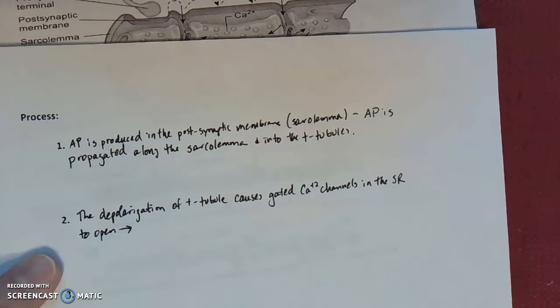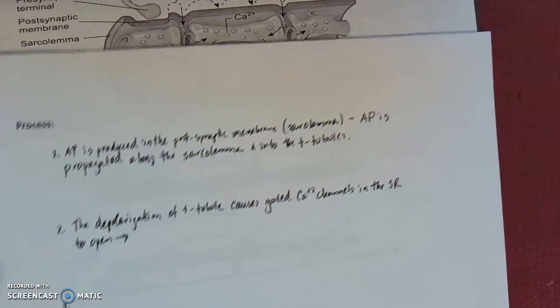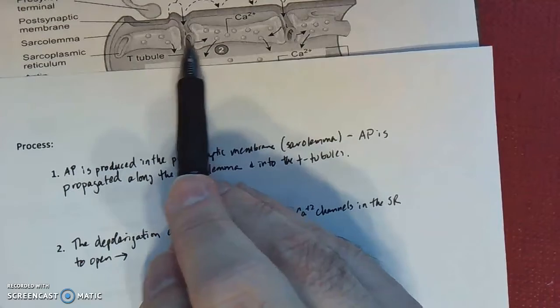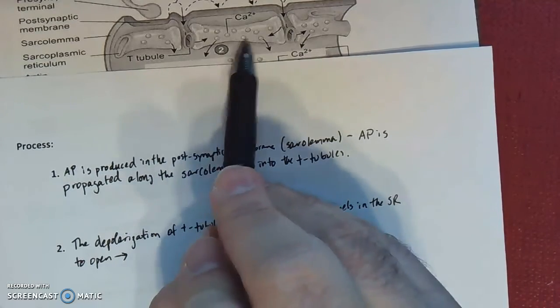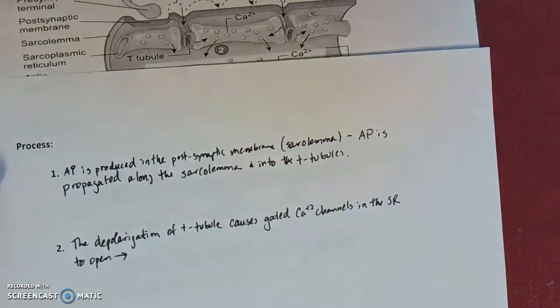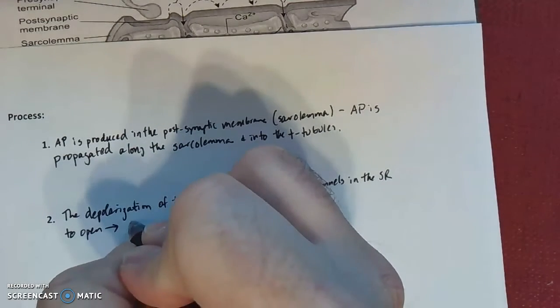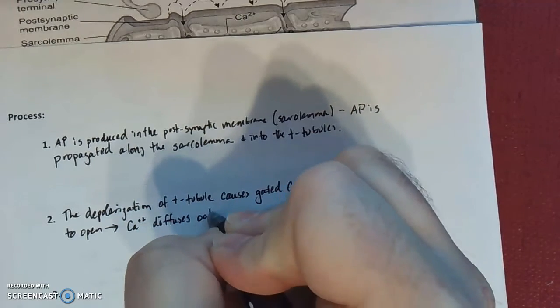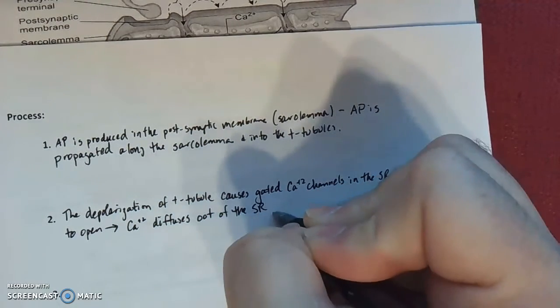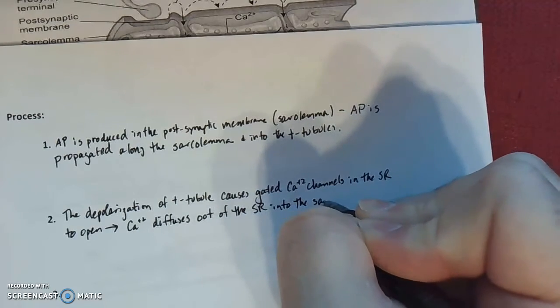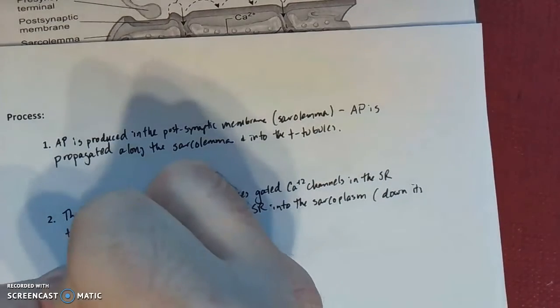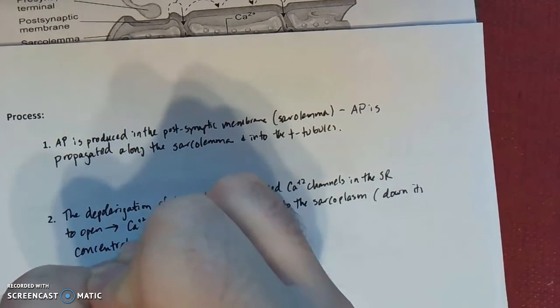And because that calcium is concentrated in the sarcoplasmic reticulum, especially in this terminal cisternae area right here, where we have the triad, we end up with a concentration gradient. So calcium plus 2 diffuses out of the SR into the sarcoplasm. So it moves down its concentration gradient.